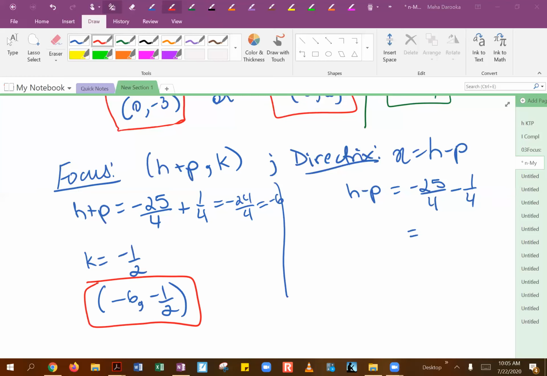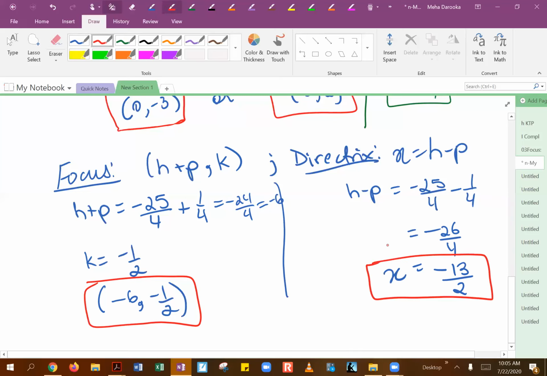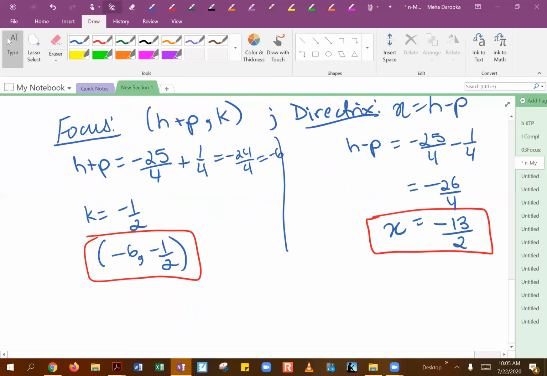Yeah, it will become -26 over 4, which of course would reduce down. Let's see, both of them can be divided by 2. So -13 over 2. So that would become our directrix. So x equals -13 over 2.